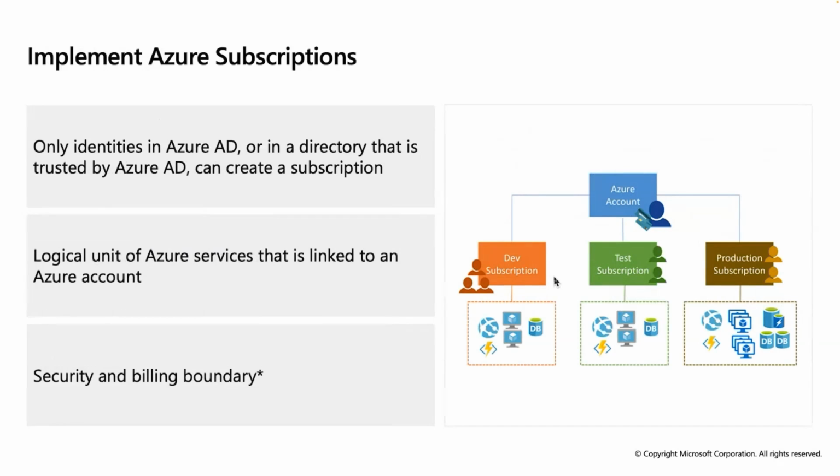So you've got the Azure account, and then you've got different types of subscriptions where you can derive the resources. Here you can see you can group them together into different natures of utilization. You could probably create those subscriptions based on the department as well.